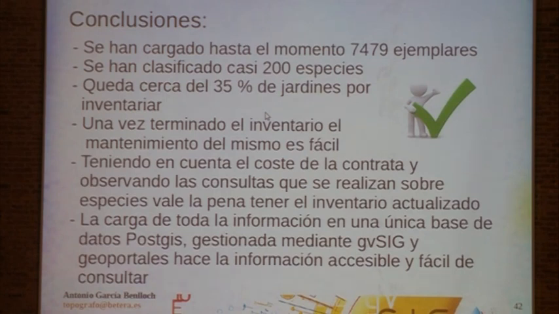Once the inventory is finished, maintenance is very easy, and usually we do not change the species in the gardens. Taking into account the consultation, the amount per year of the budget devoted to this is 1 million euros.